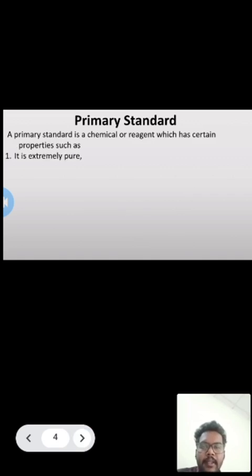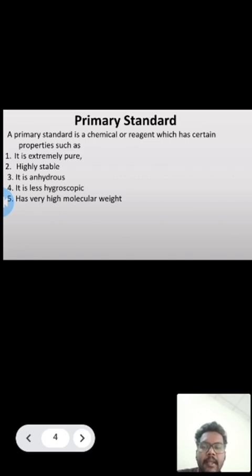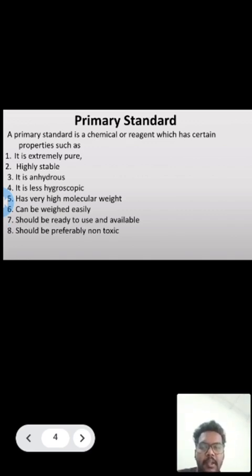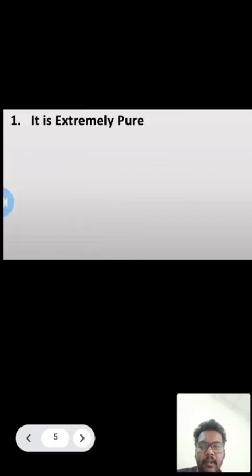It should be extremely pure and highly stable, anhydrous, non-hygroscopic, of high molecular weight, easy to weigh, ready to use and available, non-toxic, and not expensive.